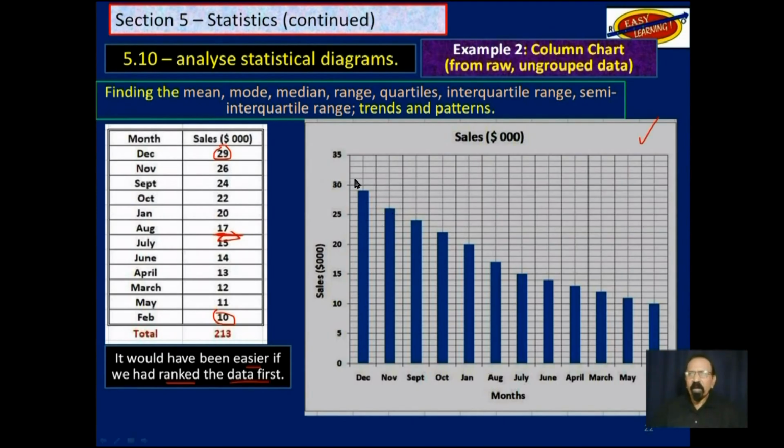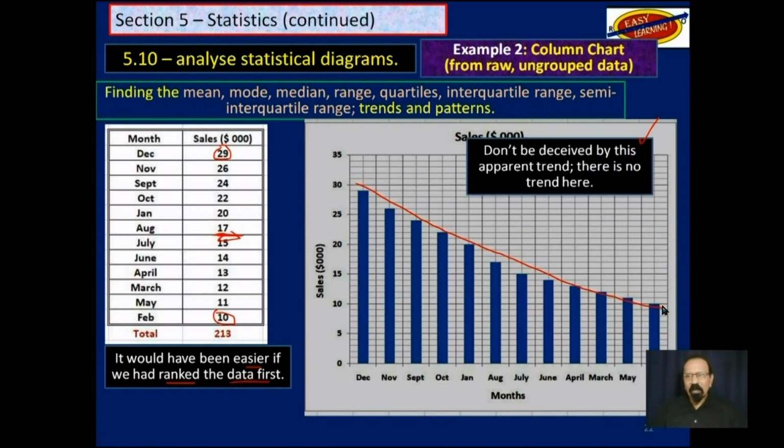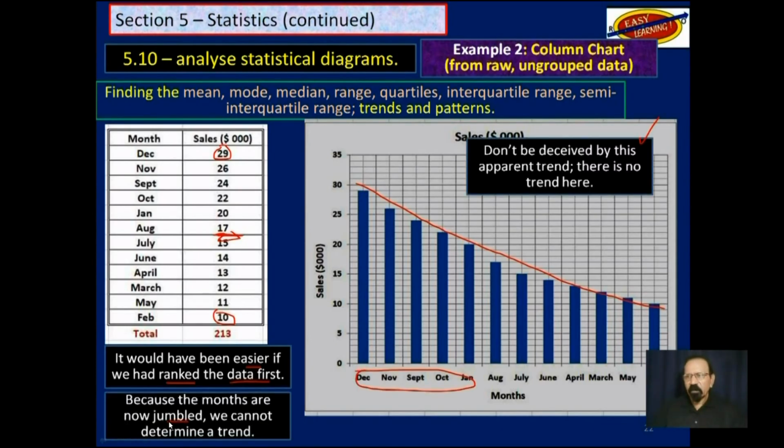Now, don't be fooled by this apparent pattern here. It looks like it decreases in an orderly manner. Don't be fooled by that because the months are all jumbled up. We cannot determine a trend here. Now, that should suffice for raw, ungrouped data.